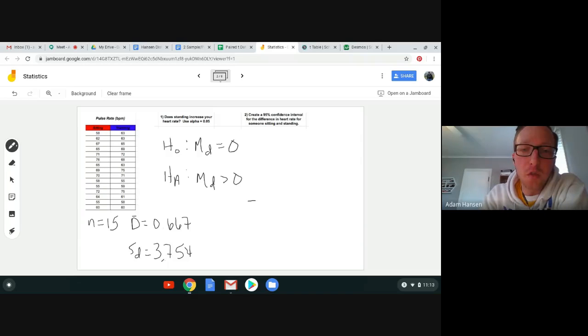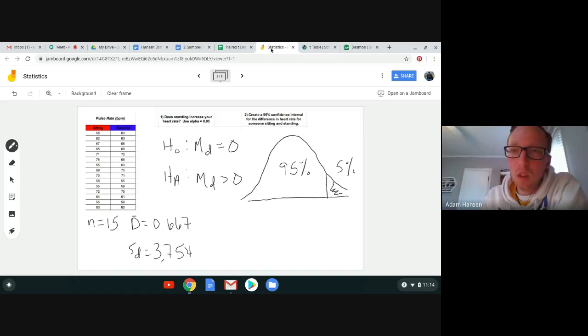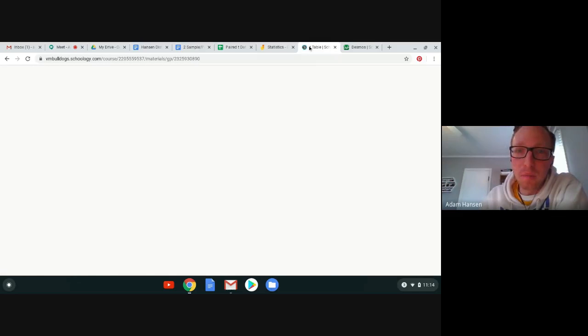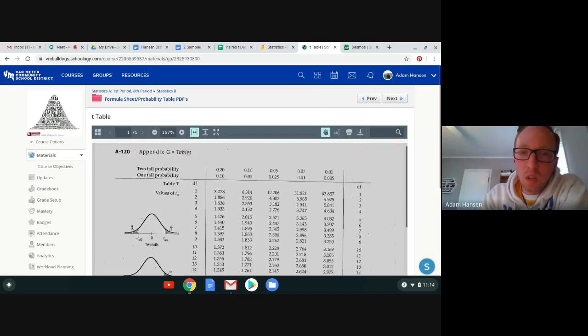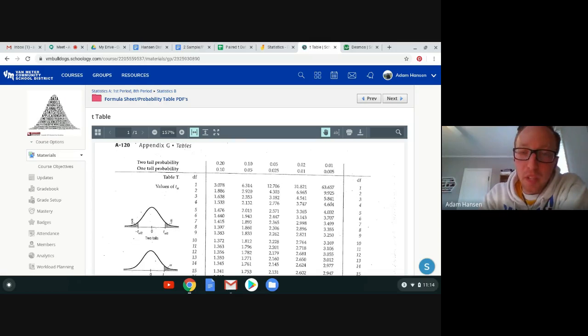If we draw the t-distribution here, we have a one-tailed, upper-tailed t-test. For our cutoff t-score, one-tailed 5% significance level puts us in the second column from the left.